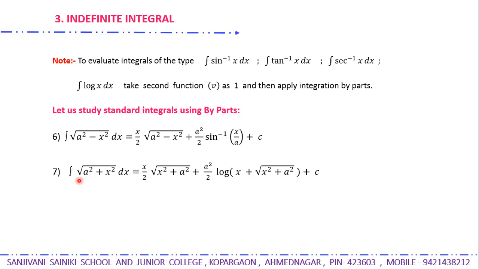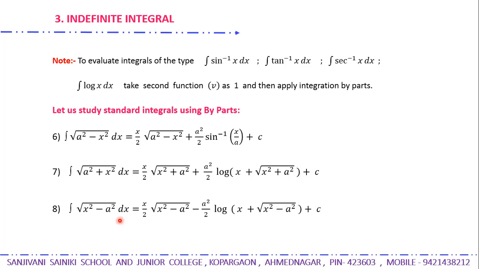The second one is integration of root a square plus x square dx, which is equal to x upon 2 root x square plus a square plus a square upon 2 log of x plus root x square plus a square plus c. The next one is root x square minus a square. Its integral is given by x upon 2 root x square minus a square minus a square upon 2 log of x plus root x square minus a square plus c.